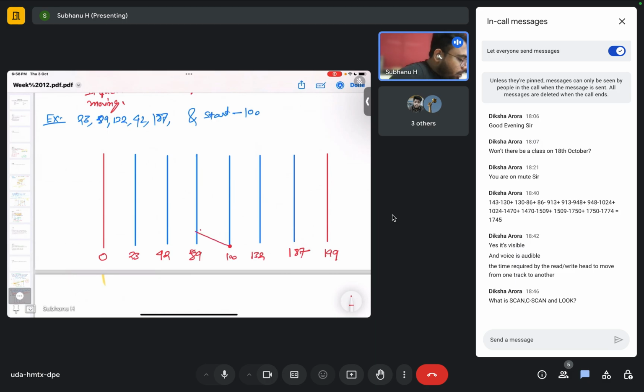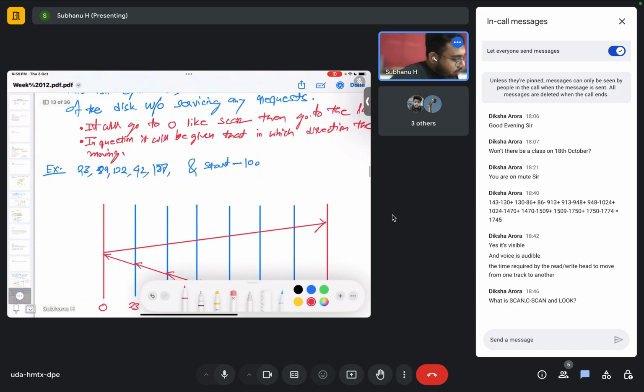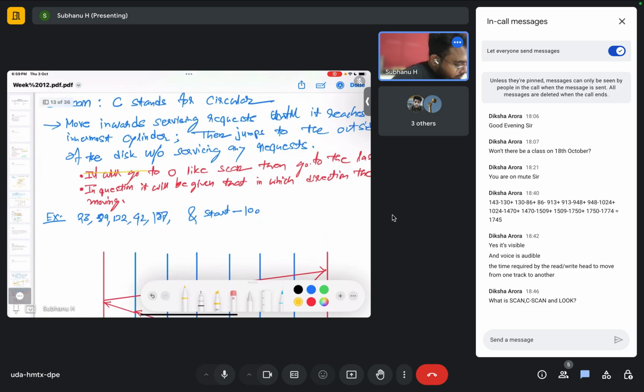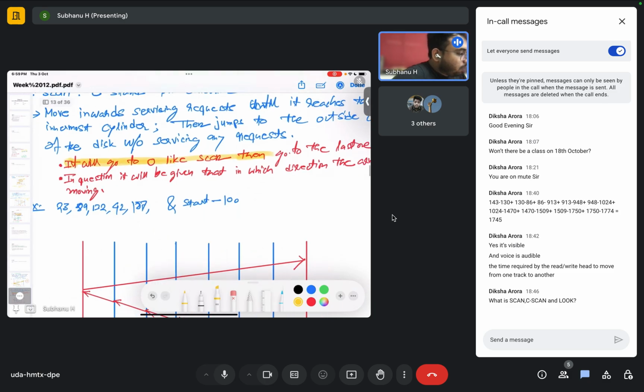Like SCAN only, I'll be going to zero like this, then I'll be going to the last one. This is the important step: it will go to zero like a SCAN, then go to the last one.